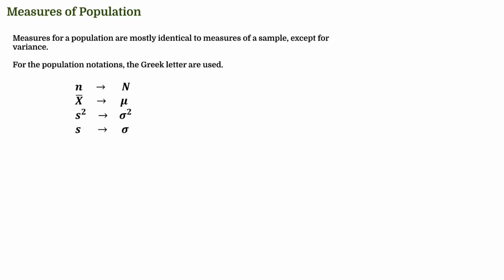Measures for a population are mostly identical to measures of a sample, except for variance. For the population notation, Greek letters are used. n is now capital N, X bar is mu, S square is sigma square, and S is sigma.